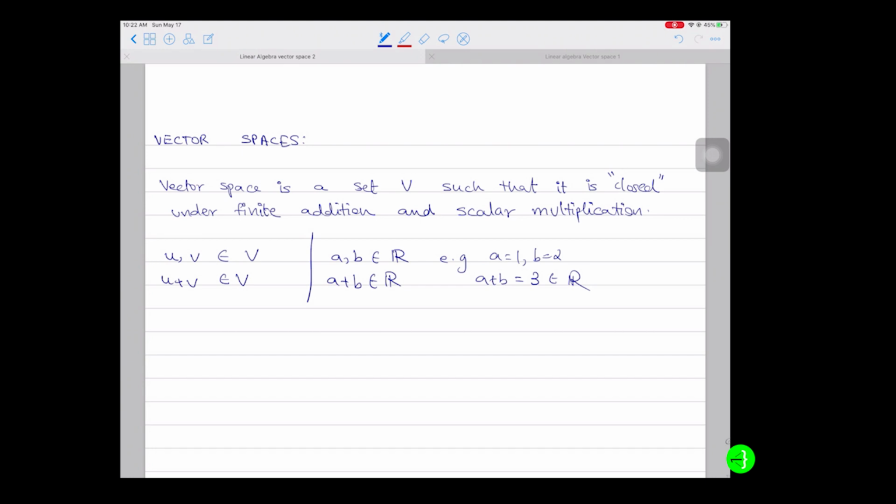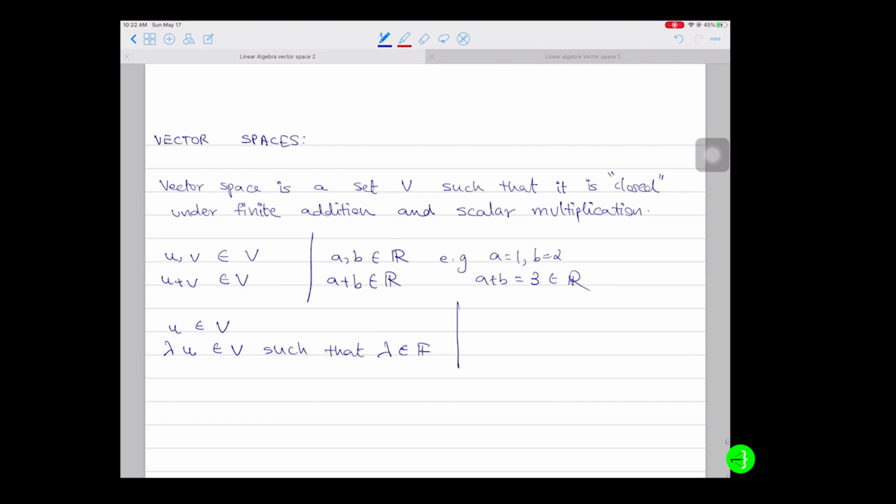So for a set to be a vector space, it has to be closed under finite addition and scalar multiplication. It means for an element in a vector space, if we were to multiply it by a lambda, it has to be in V, such that lambda belongs to the set F, any complex or real number.